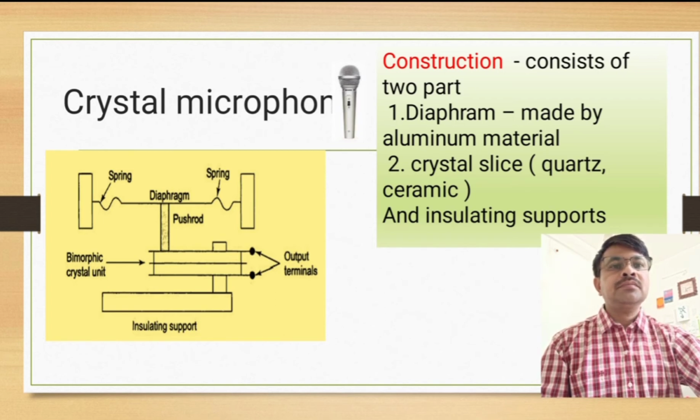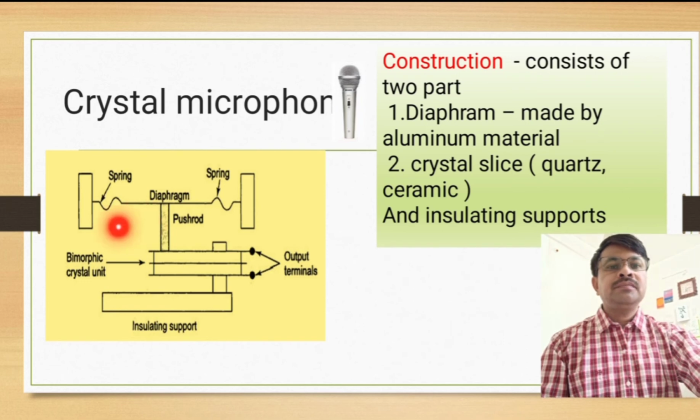Construction of the crystal microphone. It consists of two parts. One is the diaphragm. The diaphragm can be made of aluminum or maybe plastic material, having a thin circular shape, on which we apply the sound pressure waves. Here this is the diaphragm and this is the crystal unit.